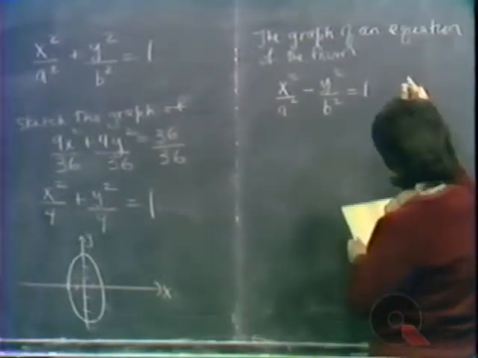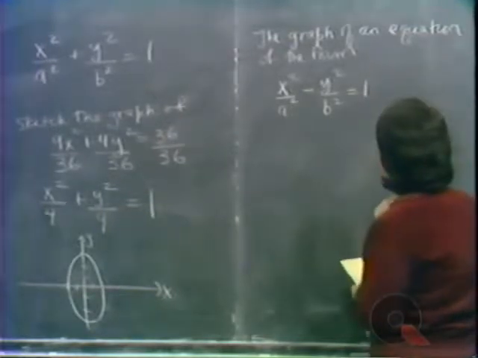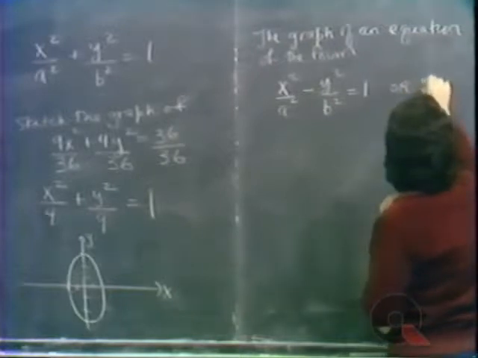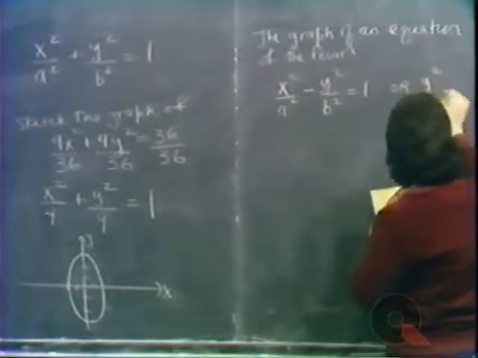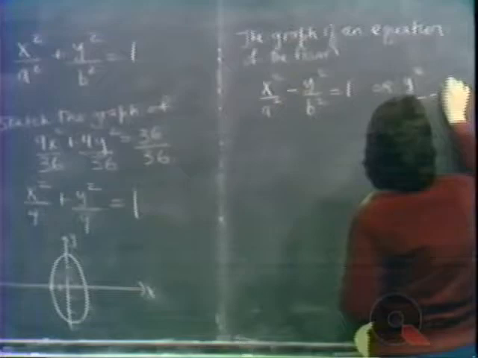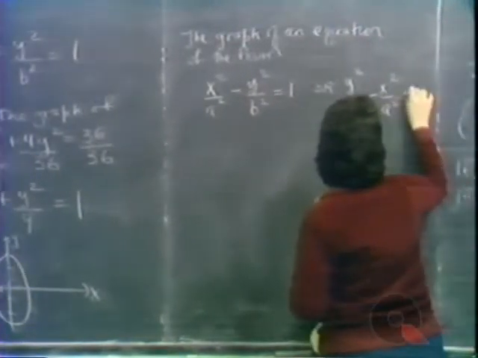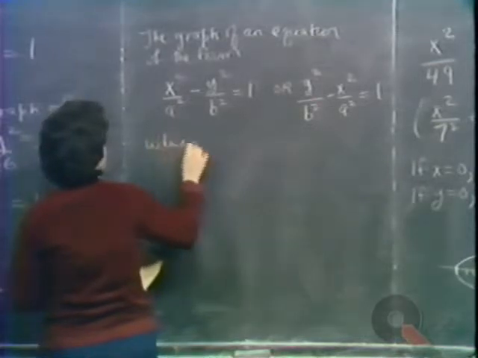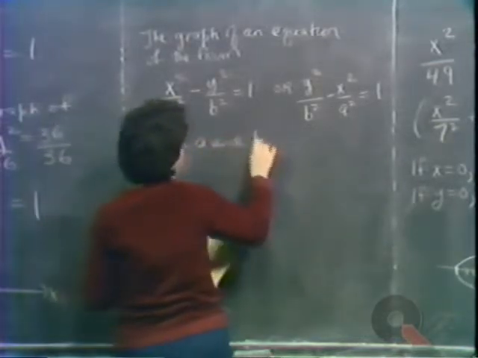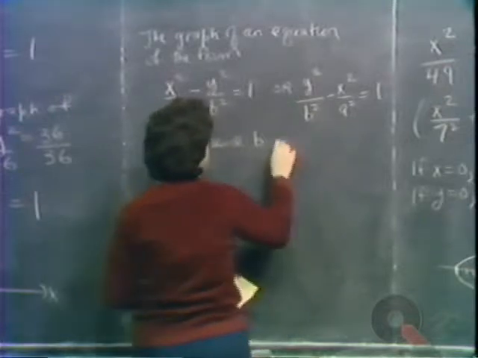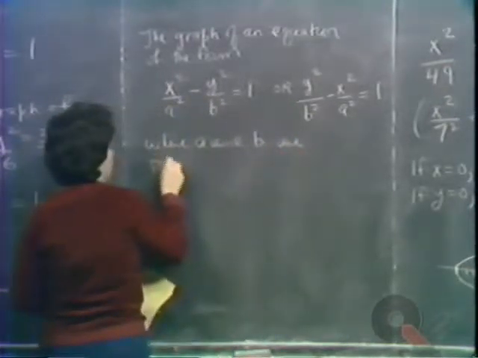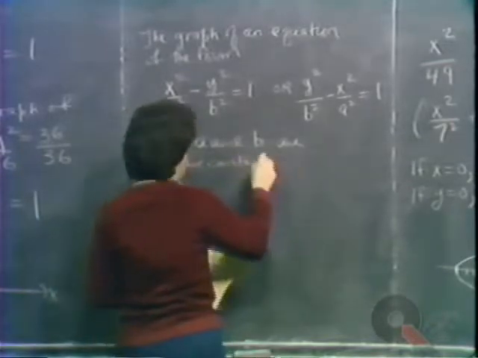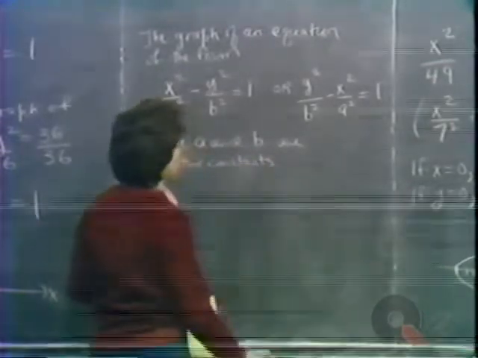The graph of an equation of the form x squared over a squared minus y squared over b squared equals 1, or of the form y squared over b squared minus x squared over a squared equals 1, where a and b are positive constants, is called a hyperbola in standard position.